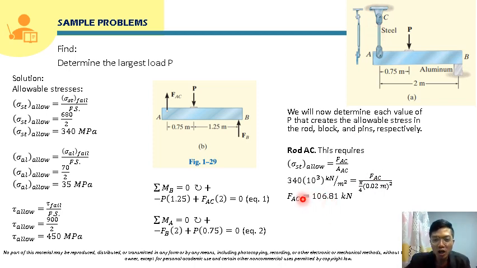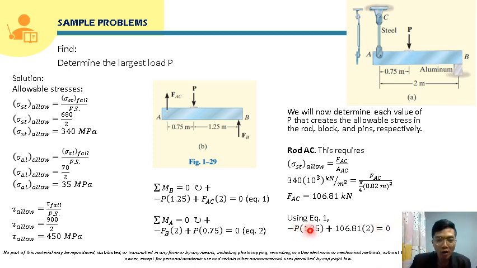Now, we are going to substitute this value into equation 1. We will substitute FAC into this unknown, and then we can solve for P. Using equation 1, this will become negative P times 1.25 plus FAC, which is 106.81 kilonewton, times 2 is equal to 0.